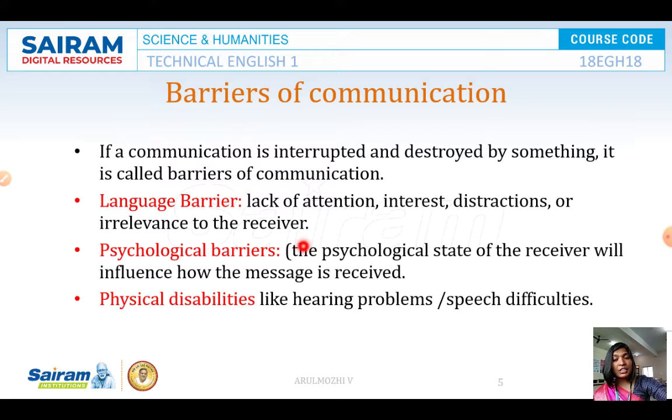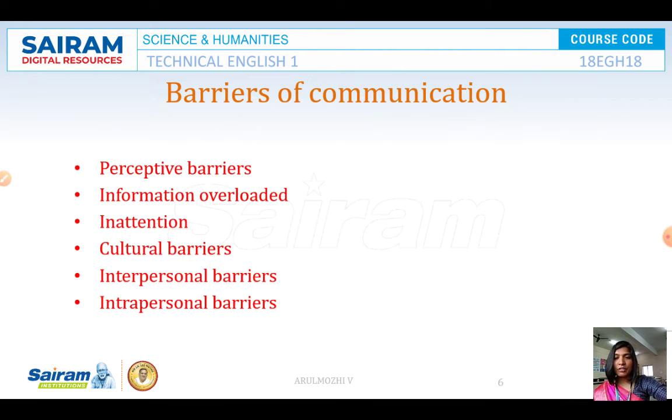So the communication is not effective between them. Take for example sadness, happiness, or anger. In this kind of situation, the communication is affected. Next one is physical disability, like hearing problems and speech difficulties, which affect the flow of effective communication.